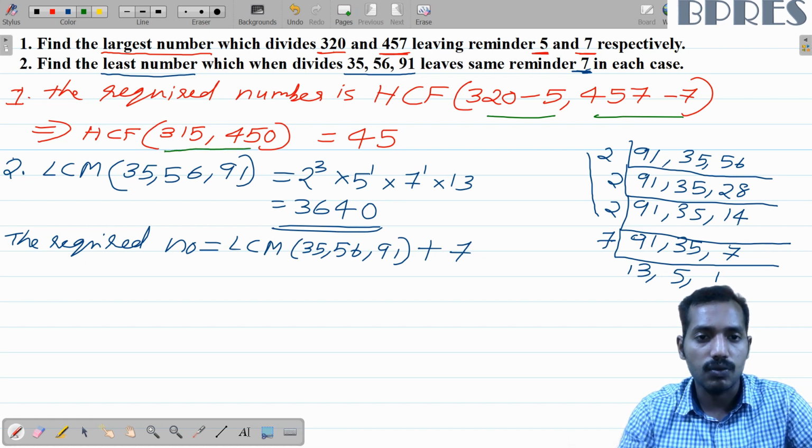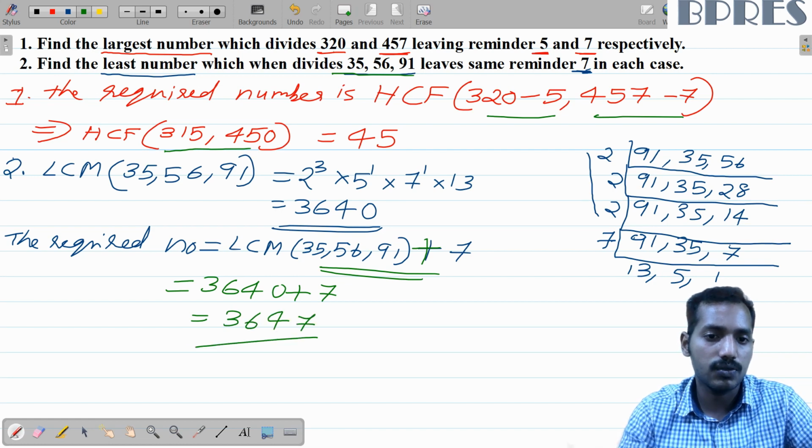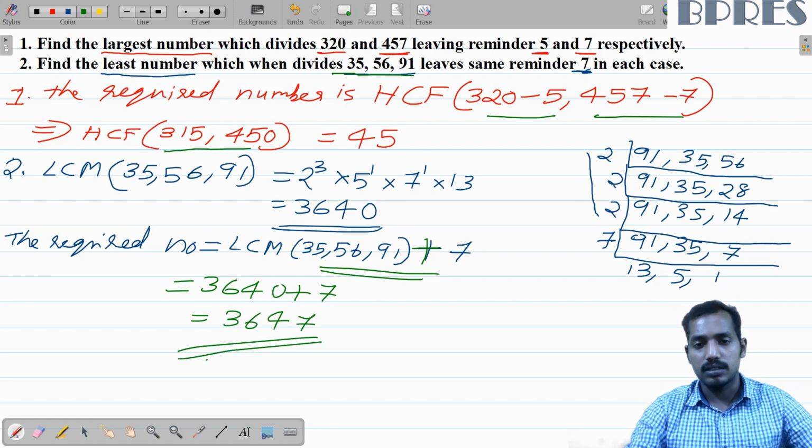While in the second case, we first found the LCM, then added the remainder to the obtained LCM. That is very important. Clear? So what will be the answer? 3640 plus 7, which is equal to 3647. So it is very important to remember these types of questions.